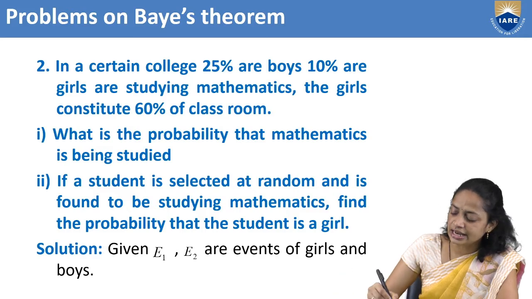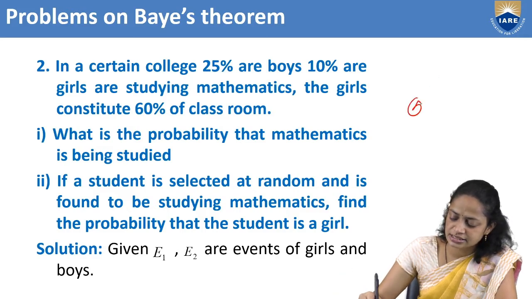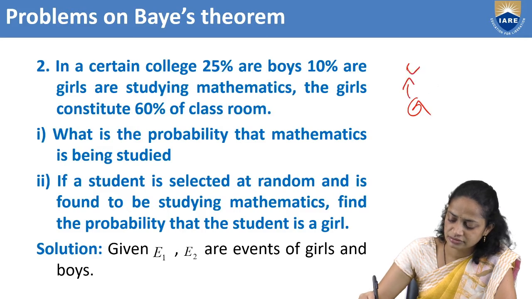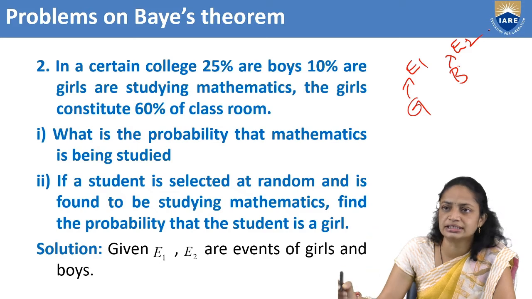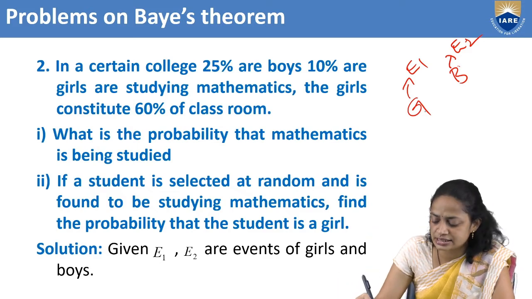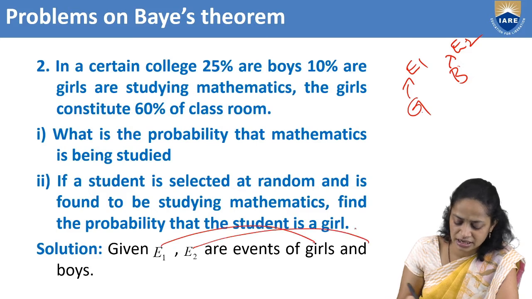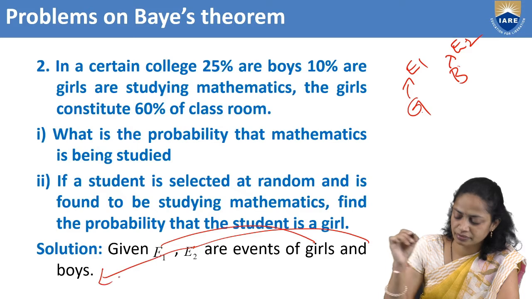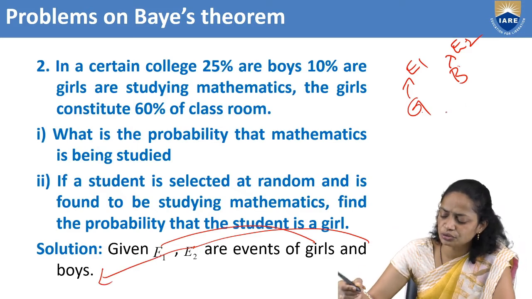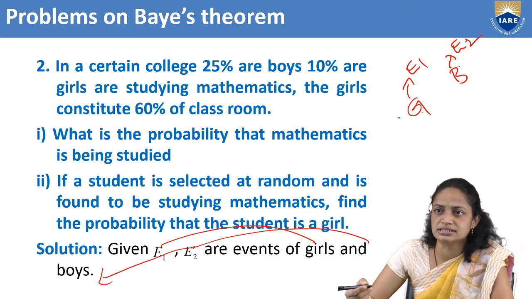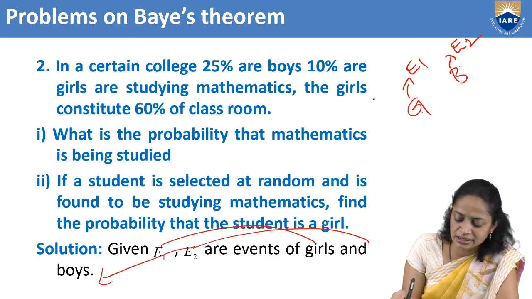Here let us consider girls are E1 and boys are E2. Or you can take boys as E1 and girls as E2. So how many girls are there?